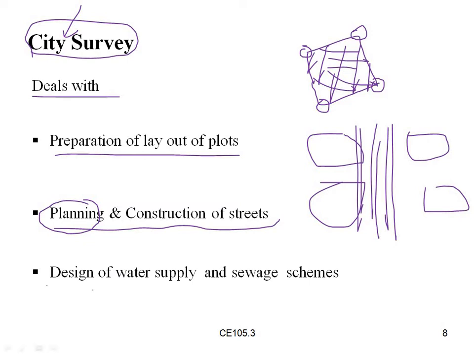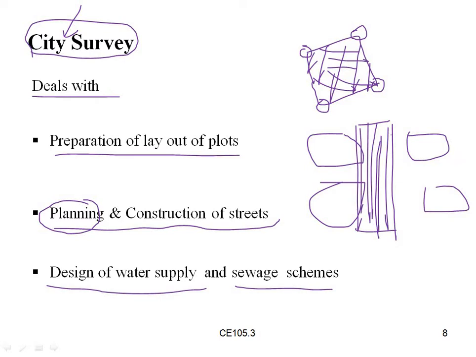And next is design of water supply and sewage schemes. With the help of this city survey, we can lay out the roads and also the sewage pipelines. Beside the roads we can keep the pipelines. These pipelines supply to towns, cities and villages, and from house to house.